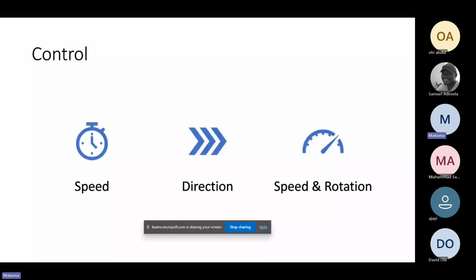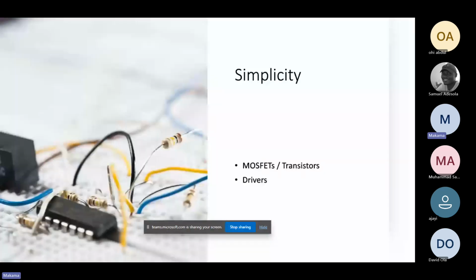It's very important to know that this is the purpose of this session: for you to gain speed control of your motor and also the rotation of your motor. Controlling the speed and direction of your motor used to be very complex, something that took time and time.